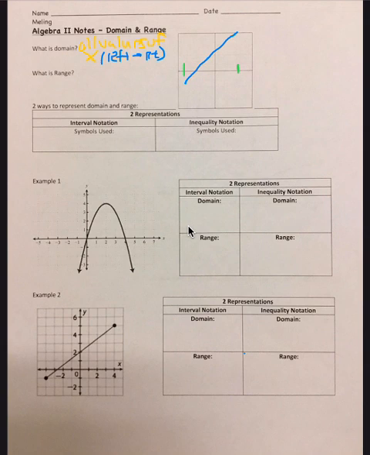Now the range are all the y values. It's all y values. And we go from low to high. So for the range, we go from here all the way up to here.